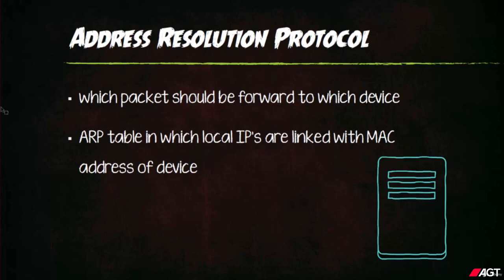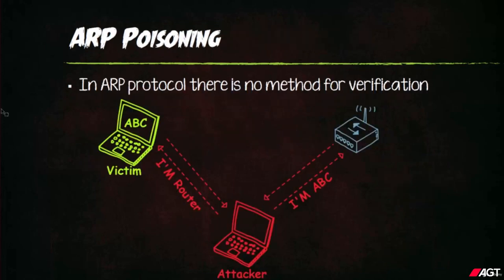So this is what Address Resolution Protocol does, right? Now the question arises, what is ARP poisoning? First of all, in ARP protocol, there is no method for verification. What I mean by this is, if right now I broadcast a message from my attacker machine that I am the router, all the devices will agree on it, and there is no verification method. So if I say I am the router, all the devices will transmit packets to my attacker machine, including the router as well.